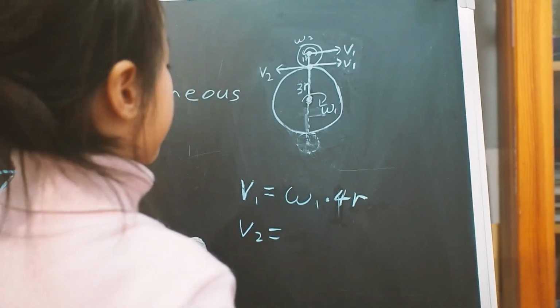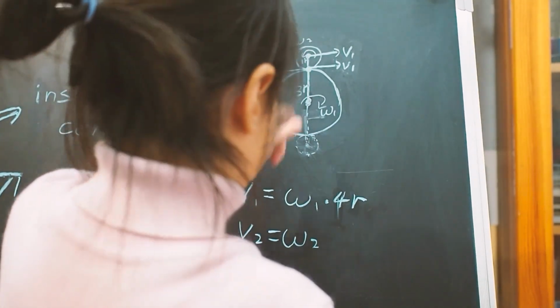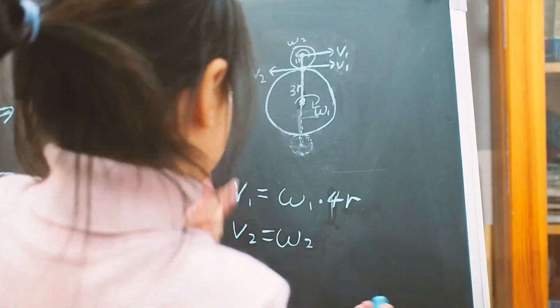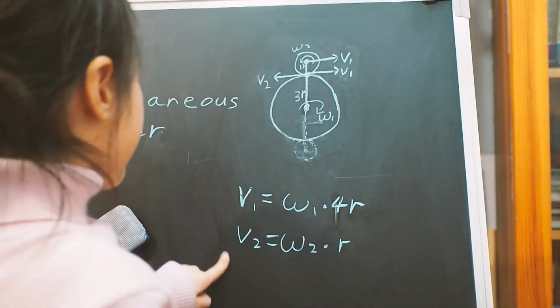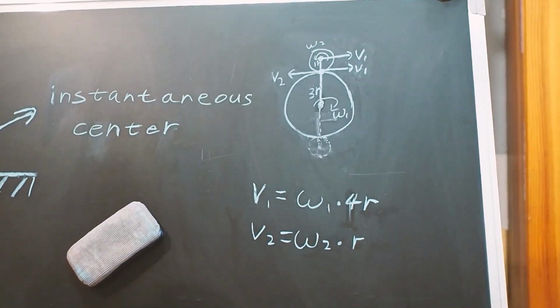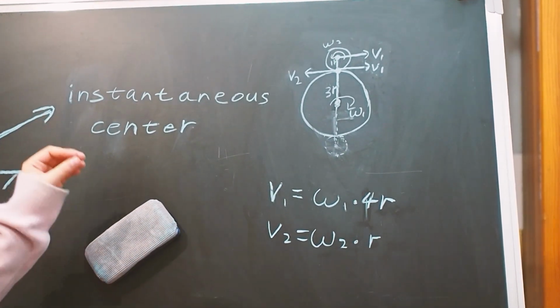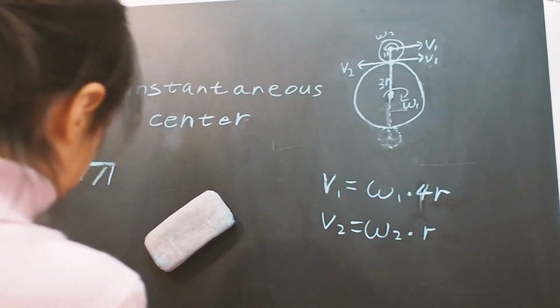What is v2 equal to? It should be omega 2 times R. It means 1R; I just write R. We can take this tip point velocity as the velocity of the instantaneous center.